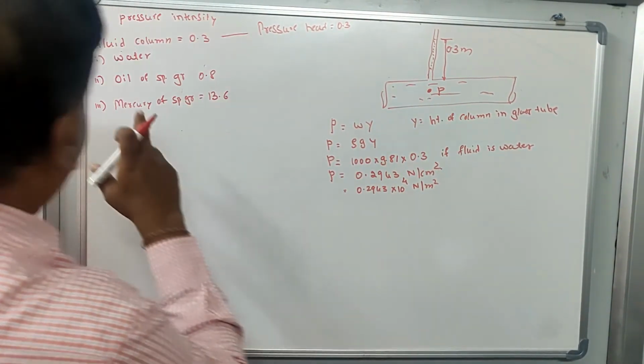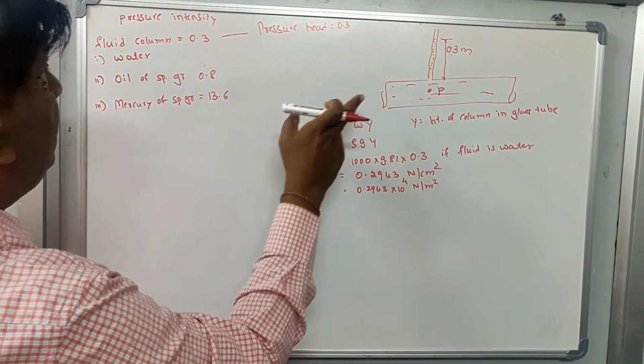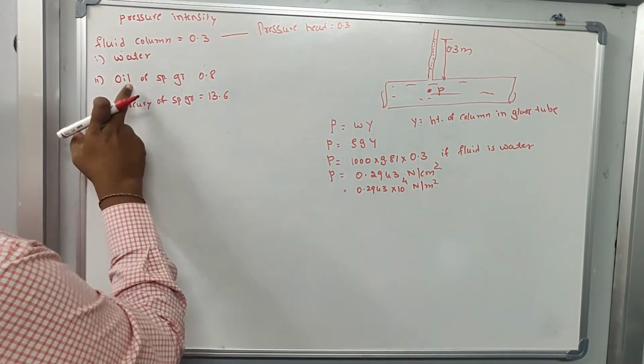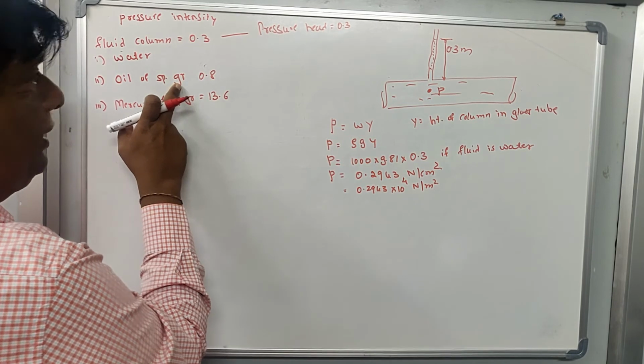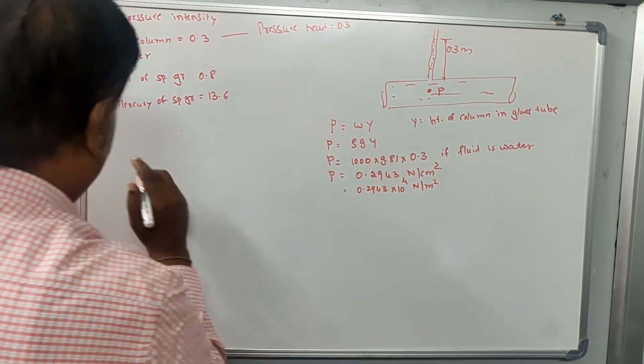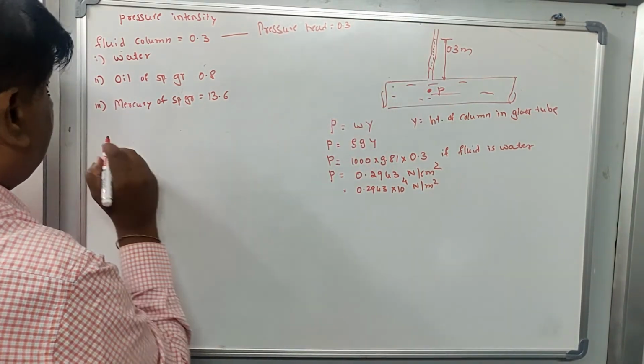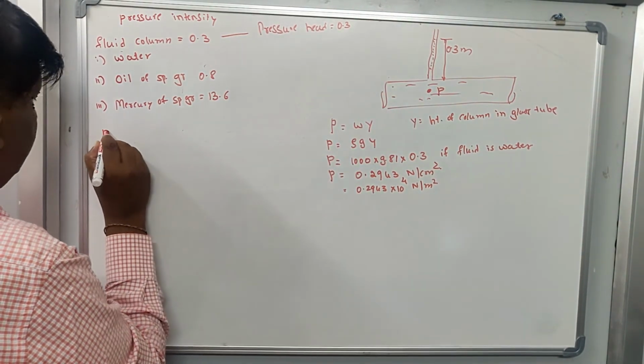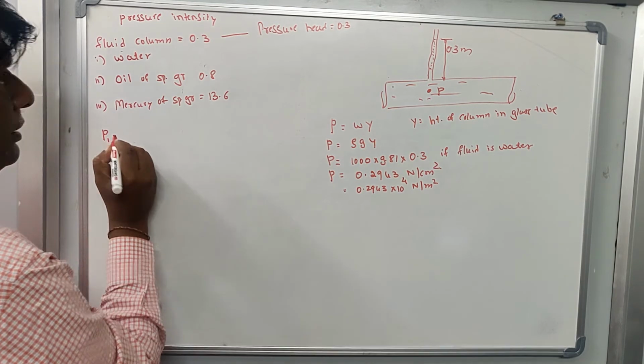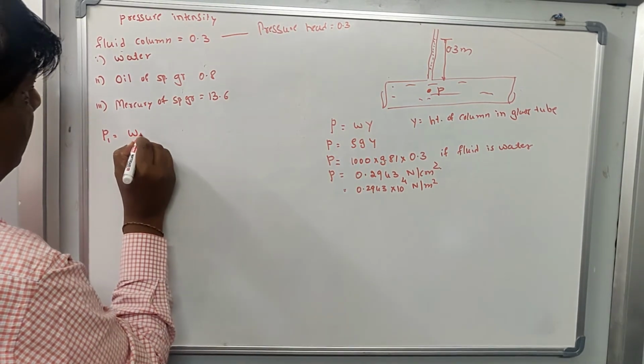Then next is, if the fluid inside the pipe is oil of specific gravity 0.8, then what is the pressure exerted for a column height of 0.3 meter? So let it be P1. This is equal to W1Y.